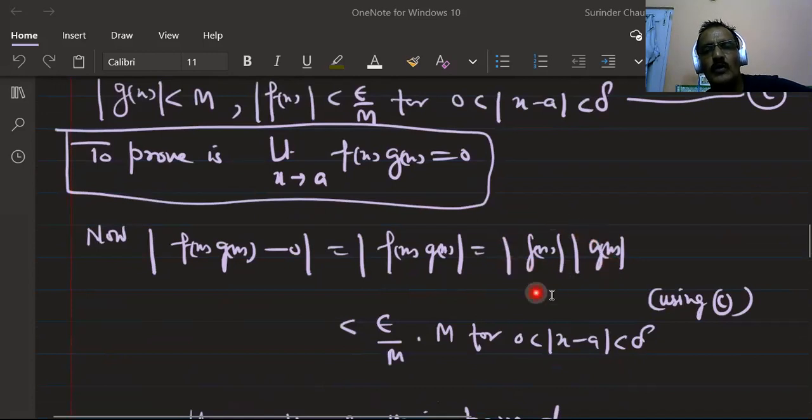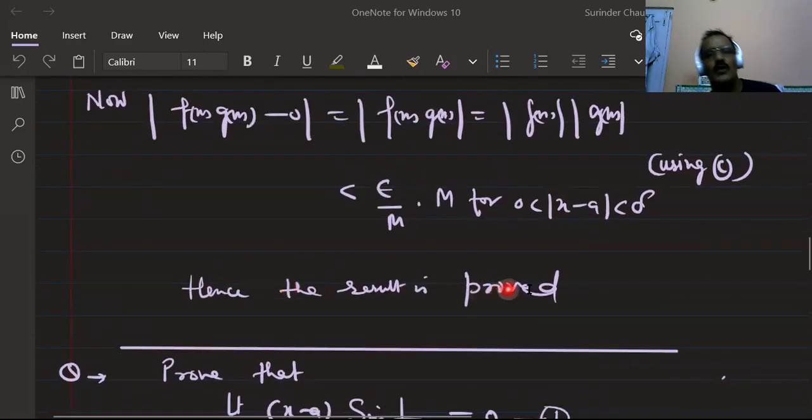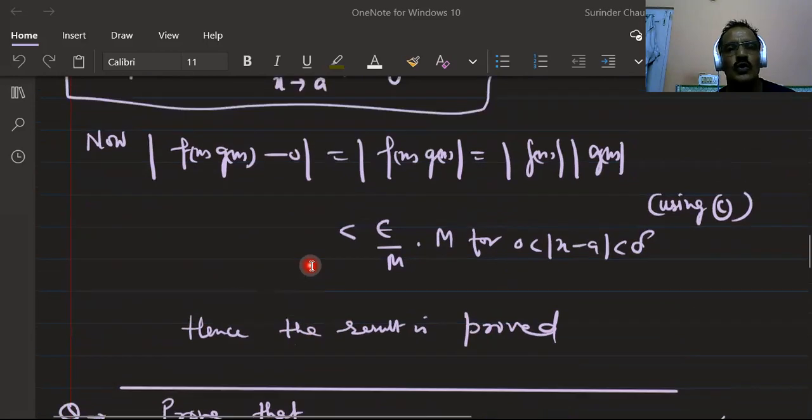Now substituting the values, replacing by greater numbers, this is less than epsilon by M, in the delta deleted neighborhood of A, and g(x) is less than M. Cancel out the M, then we get the result that limit x approaches A of f(x) into g(x) is equal to 0.